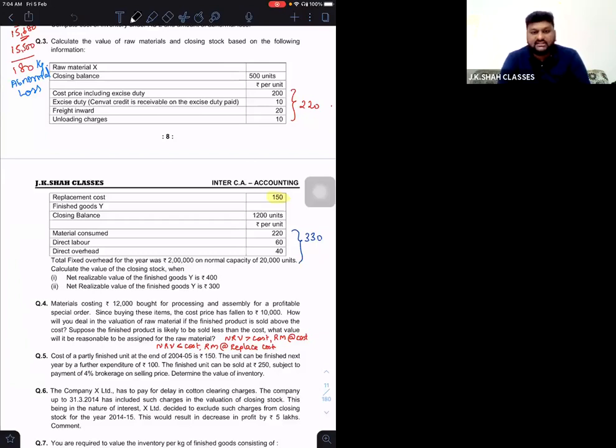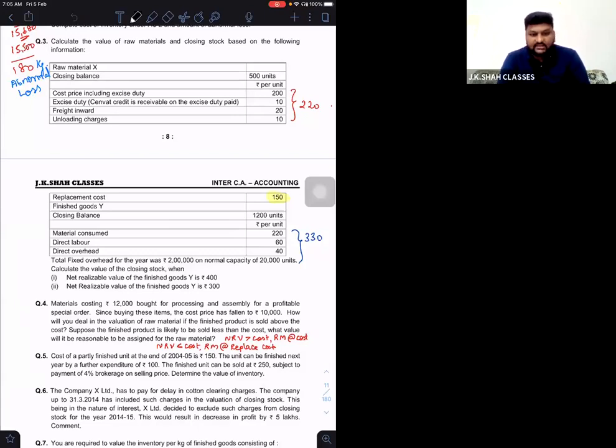In the first case, can I say NRV is greater than cost? So in the first case, your finished goods will be valued at cost. And if finished goods go at cost, your raw material will also go at cost. So finished goods you will value at 1200 units multiplied by 330, and for raw material, you will value 500 units multiplied by 220. Right?